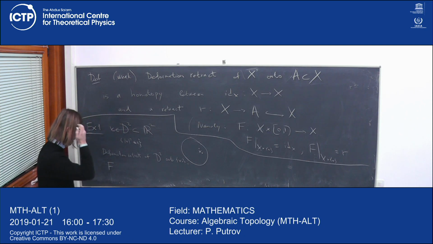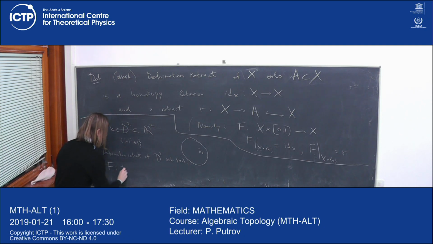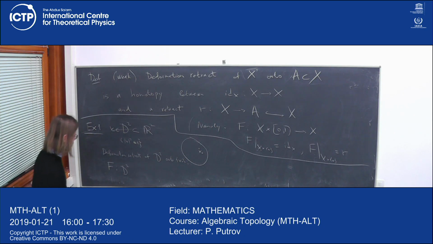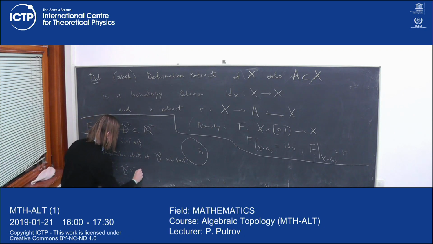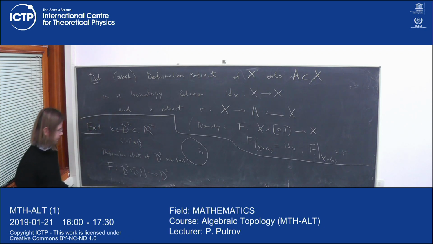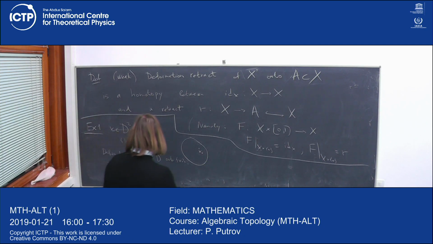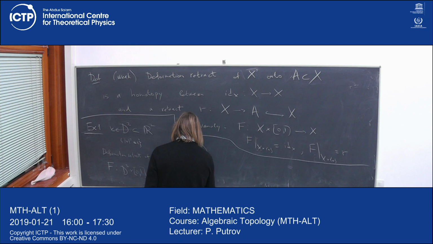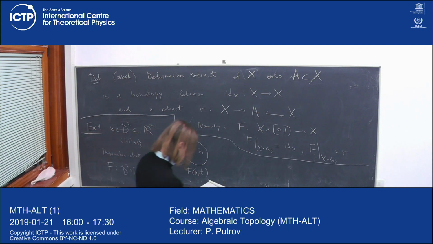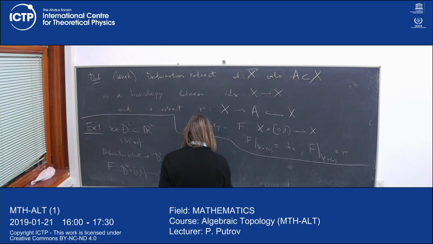There should be a homotopy as defined, so this should be a map from disk times interval to disk, where again I realize the disk as a subspace of R2, and I will define it as f(x, t) equals (1 minus t) times x plus t times x0.